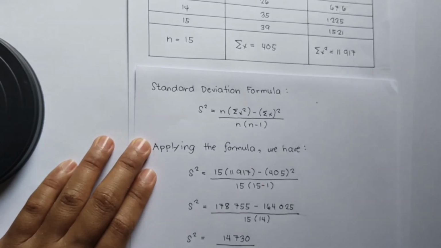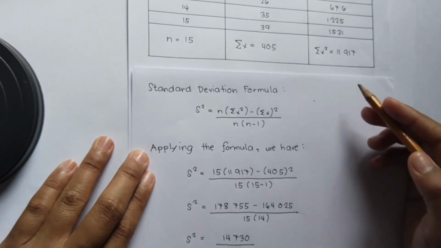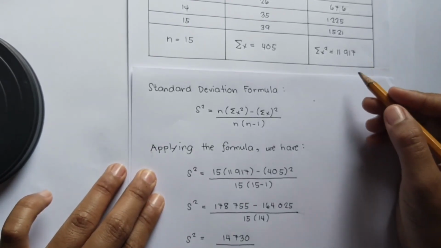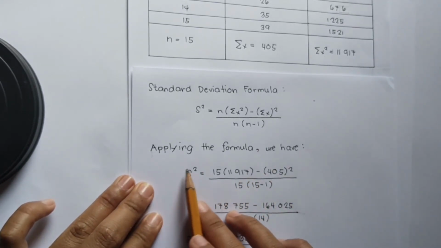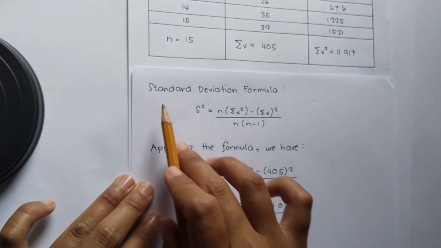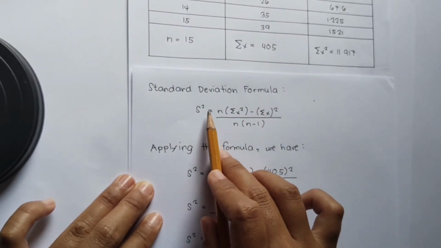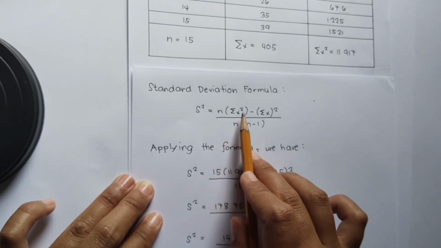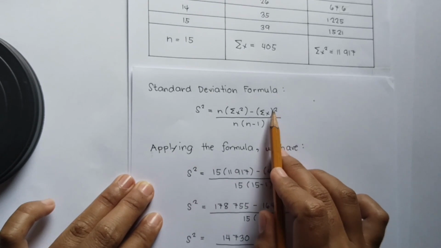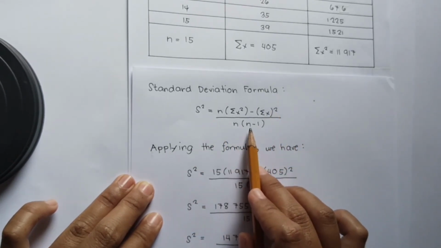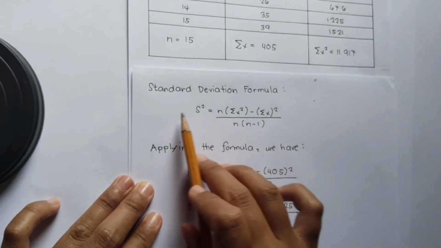Gagamitin natin yon para ma-solve na yung standard deviation, isa-substitute natin yung mga value na iyon. So, applying the formula. So, the formula of standard deviation squared is equals to n times summation of x squared minus summation of x quantity squared over n times n minus 1. Yun yung ating formula sa standard deviation.